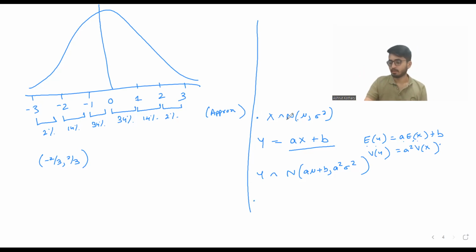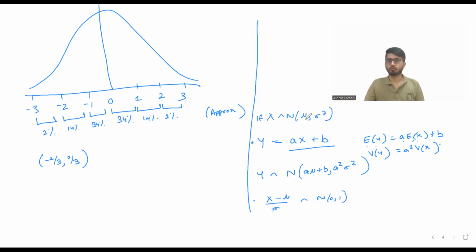Second one: if X follows this, this is the first point. The second point is that X minus mu by sigma follows nothing but standard normal. You all can now try to find the expectation of this. Expectation of X minus mu by sigma is expectation X minus mu whole divided by sigma.